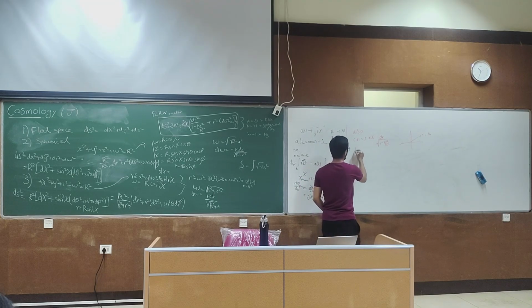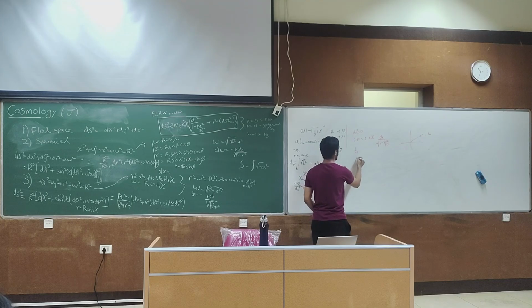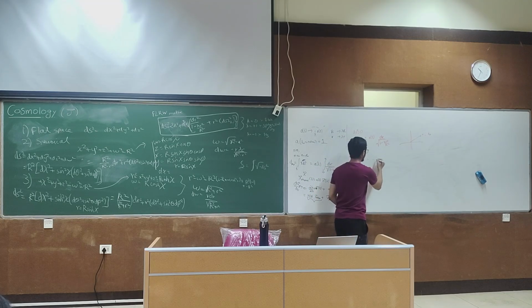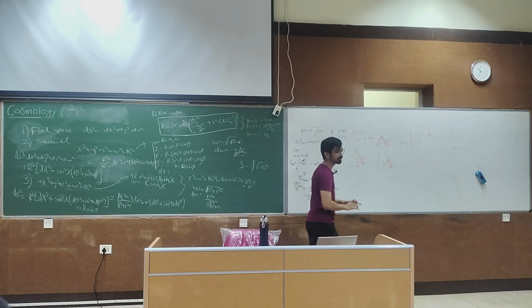It would be say t1, given by the integral of c dt from t0 till t1, equal to, since it's moving towards us, a minus sign, the integral from r to 0 of dr over square root of 1 minus k r squared, right?